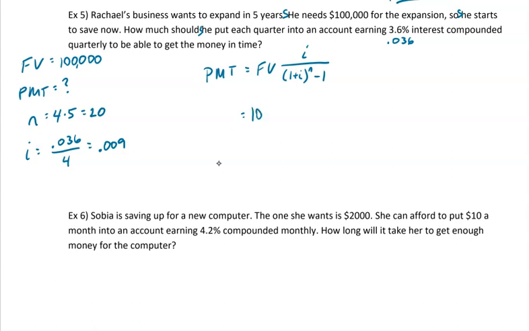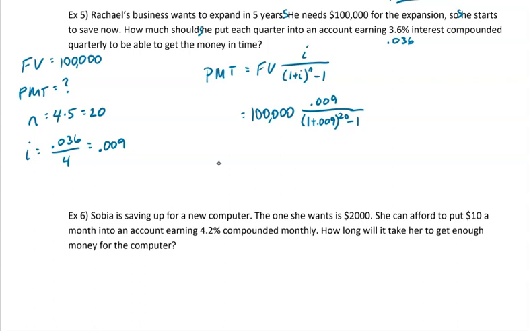So FV is 100,000. I is 0.009. Then 1 plus I, so 1 plus 0.009, to the 20th, minus 1.